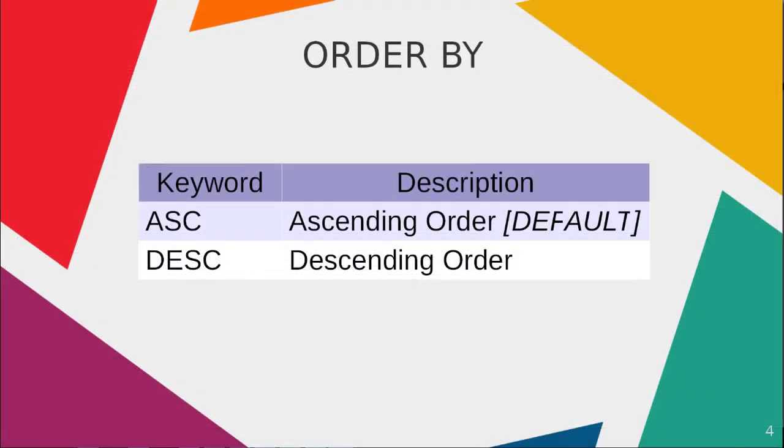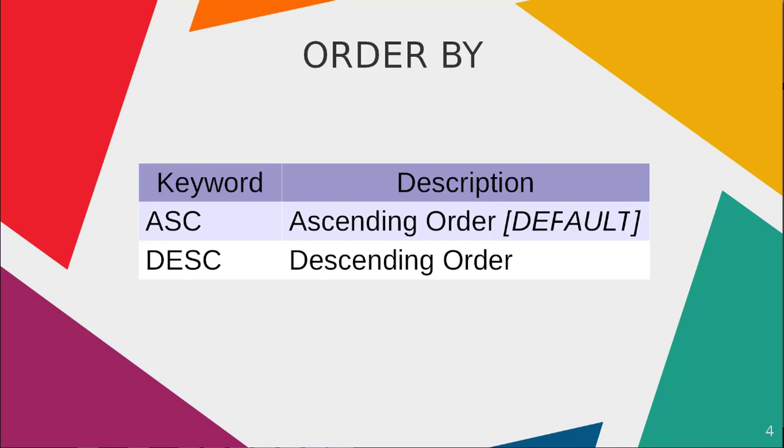If you check this slide, you'll see that ORDER BY supports two keywords. The first keyword is ASC, the ascending order, which takes the first three characters of the word ascending, and which is actually the default one. So you really won't use it anyway because it's the default in SQL.